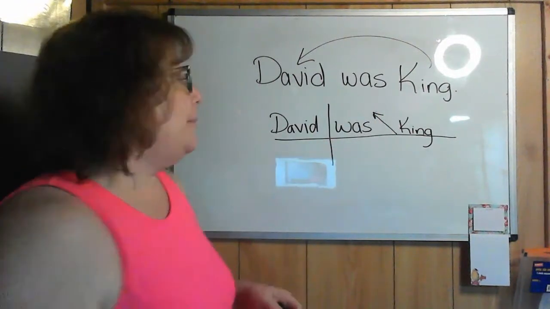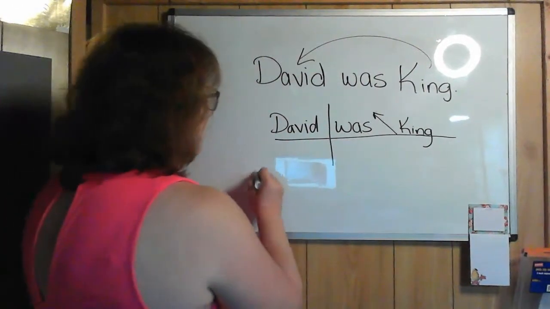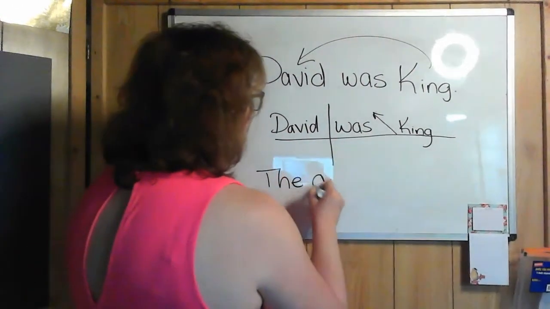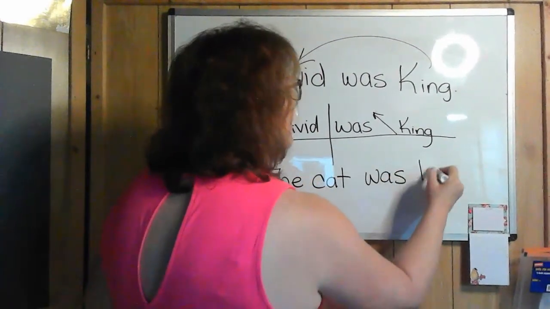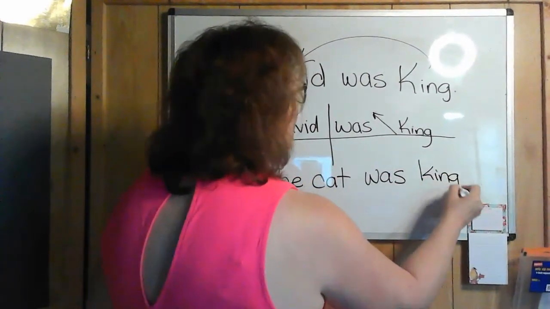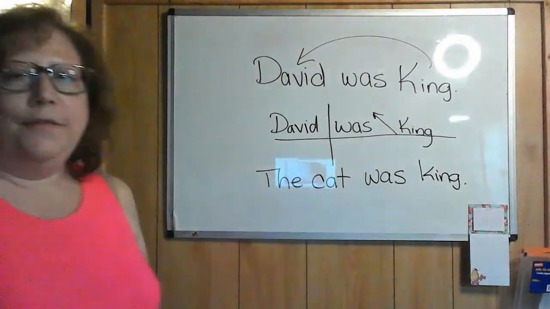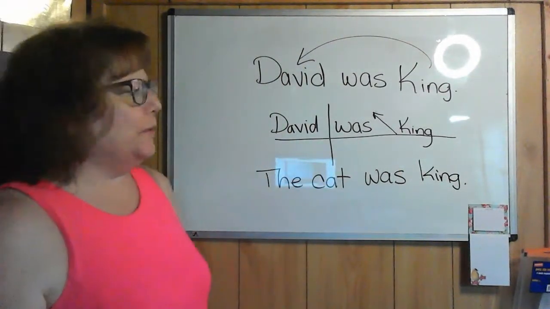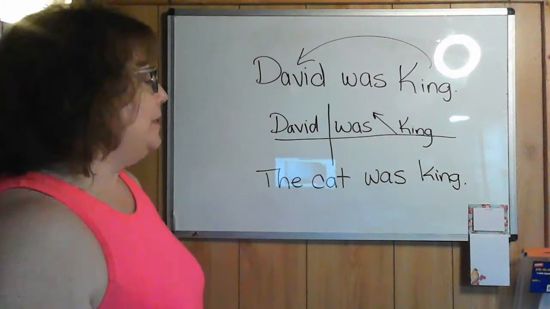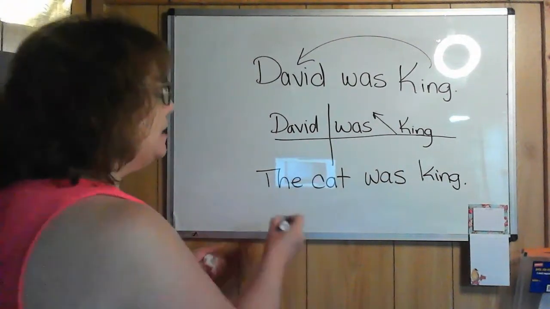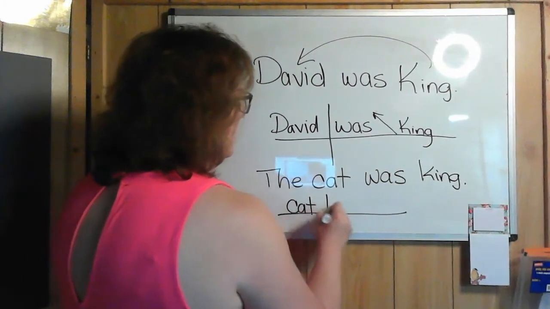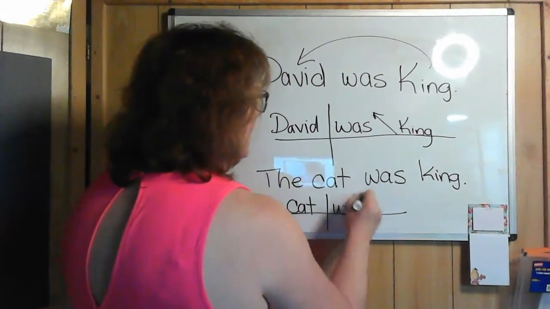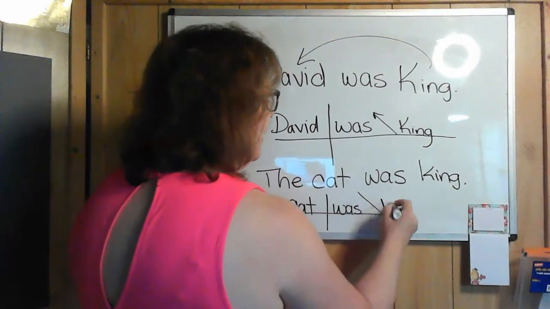All right, how about another one? How about the cat was king? You know how cats are. They think they're king of everything. They're pretty persnickety. So in this case, the cat was king. The same thing. I'm going to put cat was, and then there's my backslash, and king.